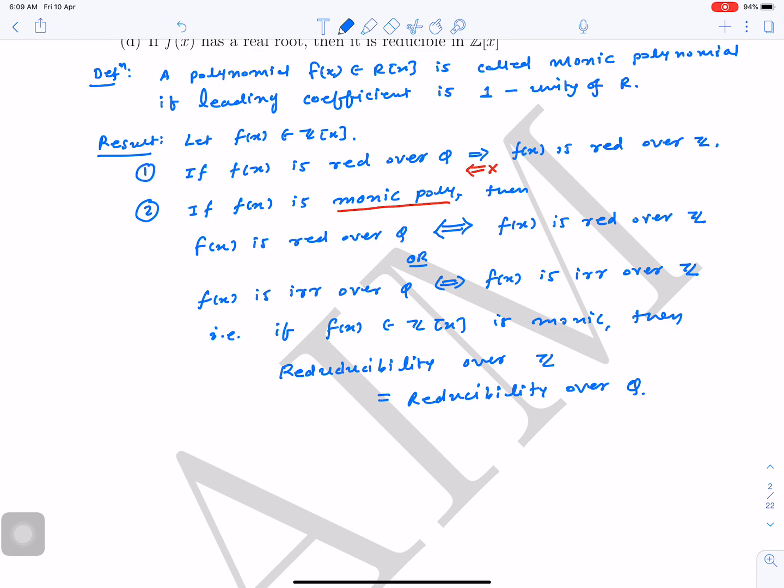So the concepts of reducibility and irreducibility are the same over Z and Q if f(x) belongs to Z[x] and it is monic.